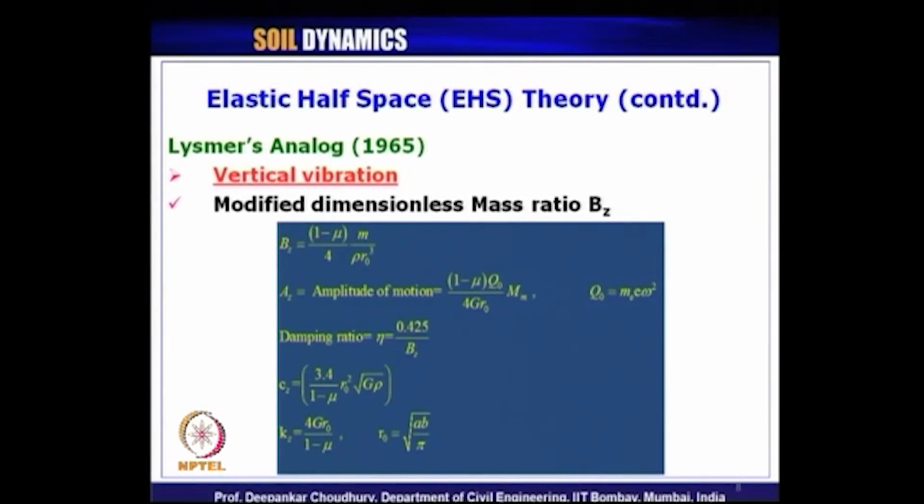And using that concept, the amplitude of motion can be calculated using this expression, that is 1 minus mu by 4 g r naught times q naught times Mm. Mm is nothing but a magnification factor for which the design chart was proposed by Lysmer for different values of dimensionless frequency term.